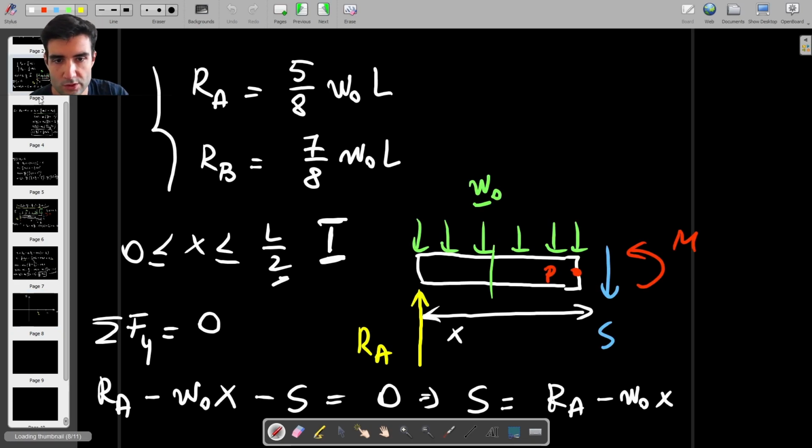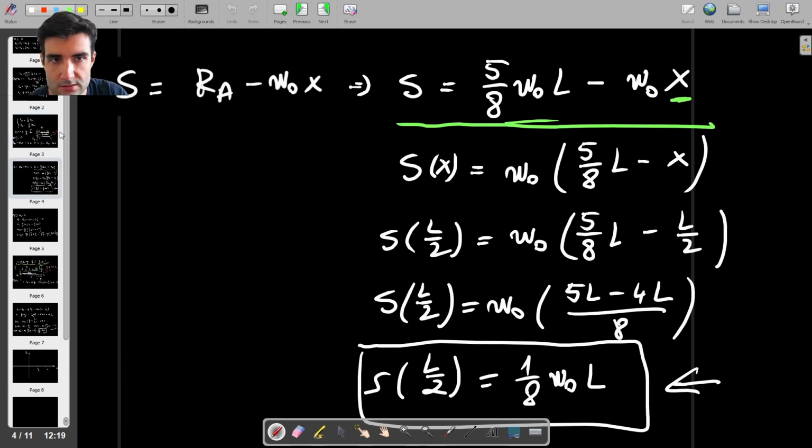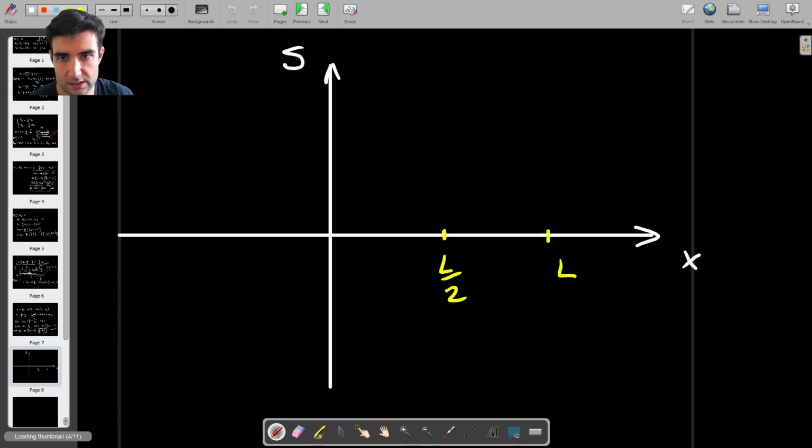So we know that the shear force at the beginning is given by this equation. So this is the shear force for the first half of the beam, for the left half of the beam. So if we want the starting shear force, we just replace x with 0, right? So we get the y-intercept, which is 5 over 8 W naught L, somewhere here.